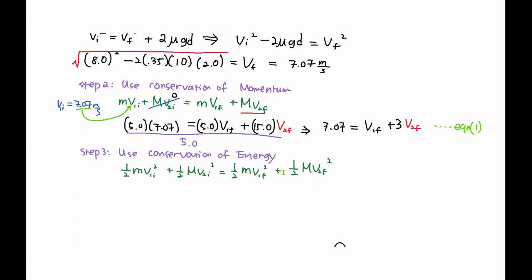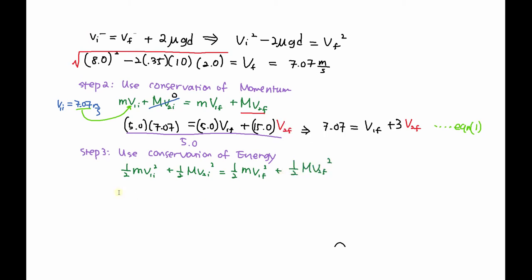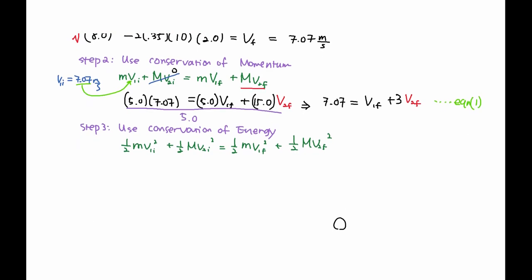We can cancel out this part because we know the initial velocity of our big block was 0. Okay, that goes 0.